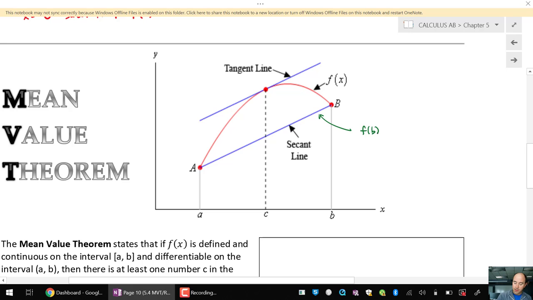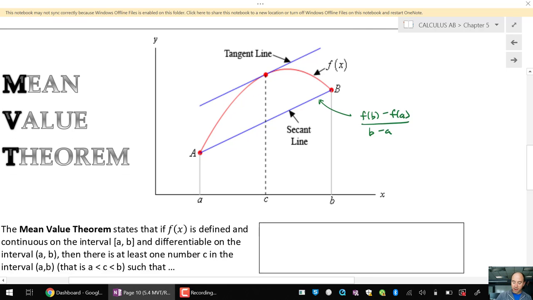So f of b minus f of a divided by b minus a. And then up above here, we have a point between a and b where I can draw a tangent line, and I can construct that tangent line so that it is perfectly parallel to the secant line, meaning that it has the same slope as the secant line, and therefore the derivative, slope of the tangent line, equals the average rate of change, slope of the secant line.